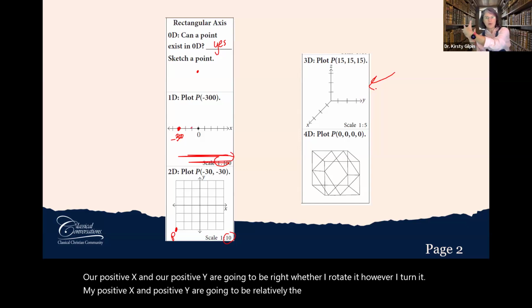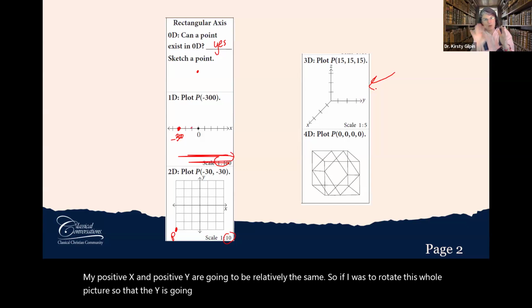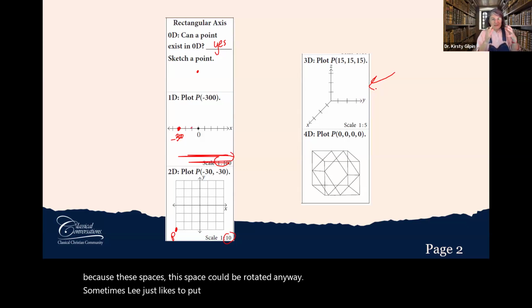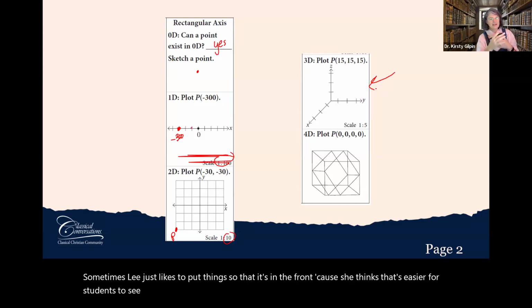So if I was to rotate this whole picture so that the Y is going backwards and the X is looking horizontal, it's just a rotation because this space could be rotated anyway. Sometimes Lee just likes to put things in the front because she thinks that's easier for students to see. Sometimes in the back feels easier. But drawing it this way, the perspective just opens it up a little bit.